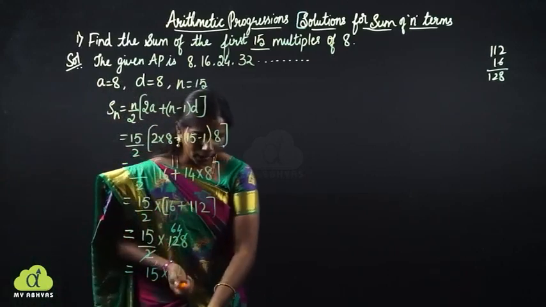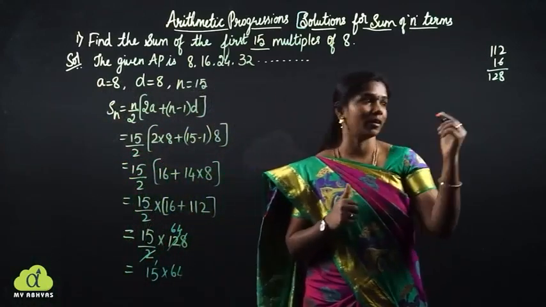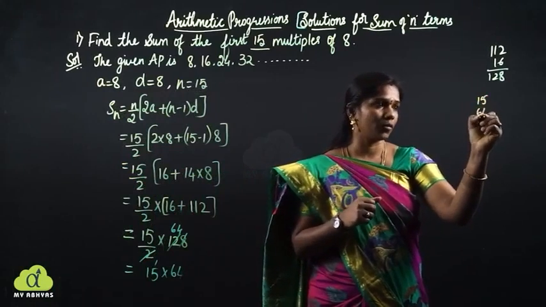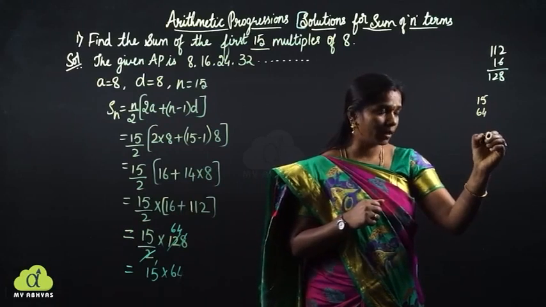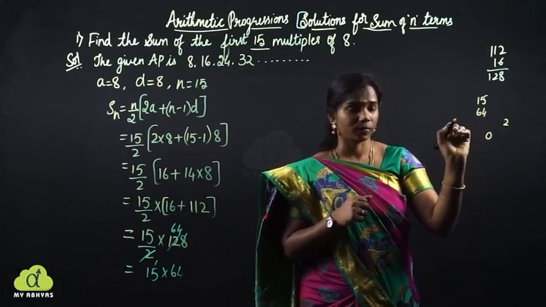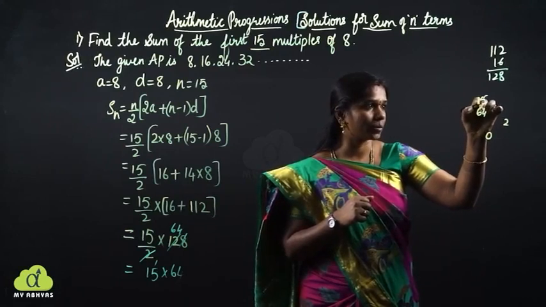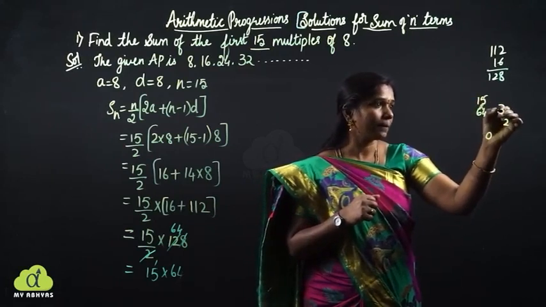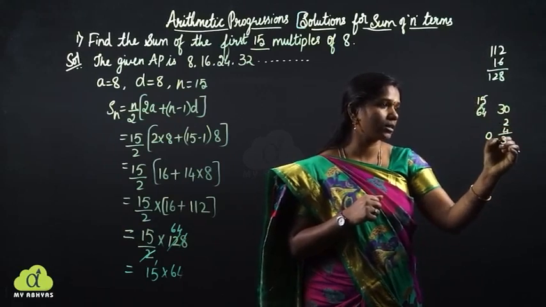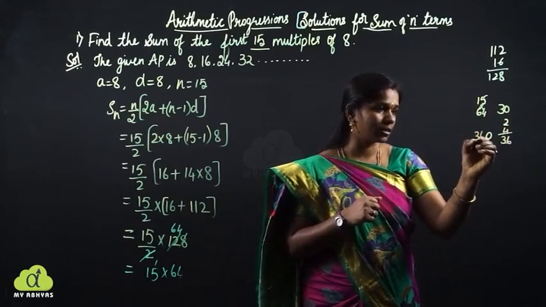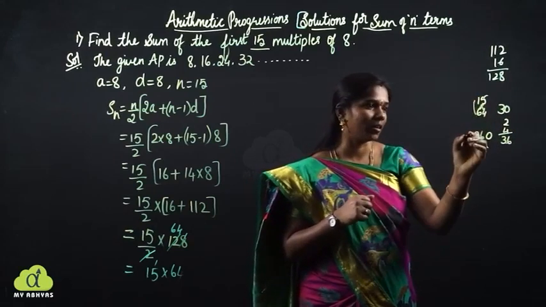Multiply. Any method you can use. I will use the shortcut method. That is 15 and 64. Look at this. 5 fours are 20, so 2 carry over. And here 6 fives are, it is opposite diagonal numbers. 6 fives are 30 and 4 ones are 4. It is 36. Write this 36 here. And then last here, tens place, it is 6 ones are 6.